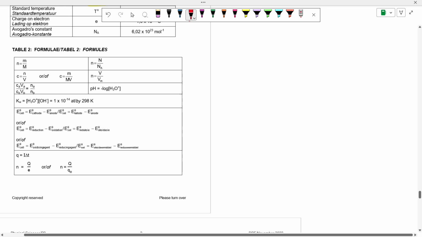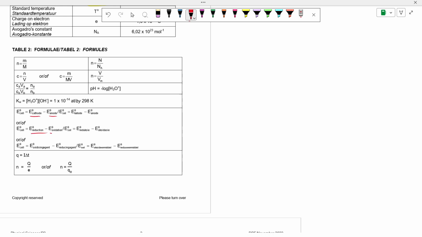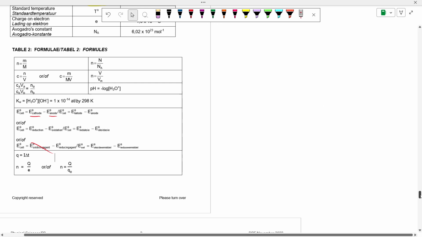Depending on what you know, you can use E cathode minus E anode, E reduction minus E oxidation, and maybe this one can really mess you up: oxidizing agent and reducing agent. Why would you want to do that? So let's pick reduction and oxidation and calculate the answer.